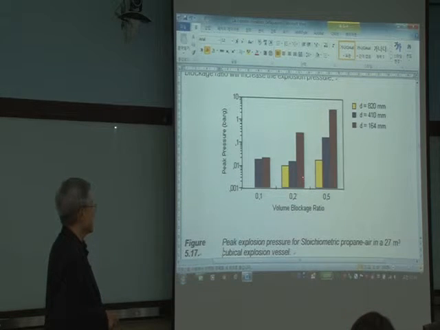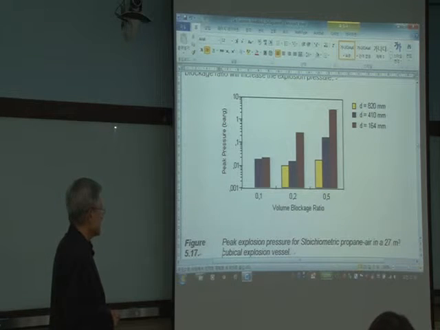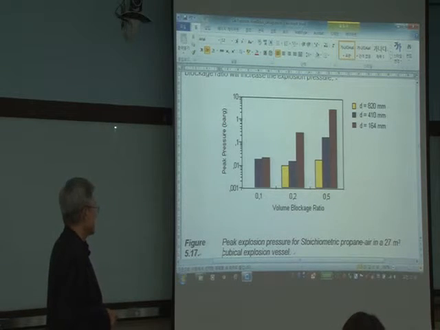164 millimeters, and the yellow is 820 millimeters, and peak pressure. Maximum pressure as a dynamic pressure. This is gauge pressure. Again, that means it's a dynamic pressure.